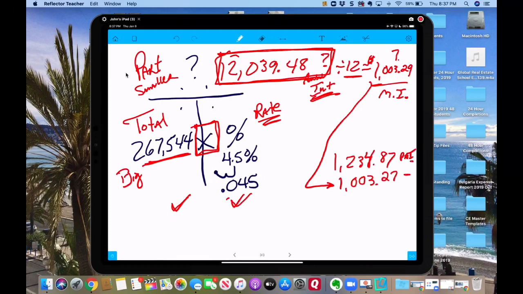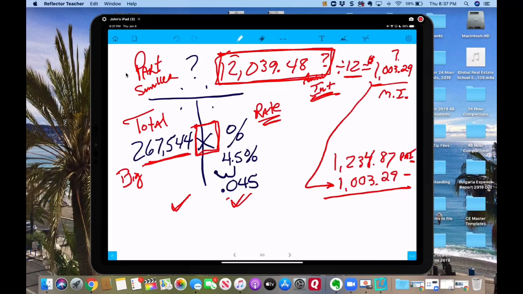Why? Because this is interest. And when we subtract the $1,003.29, so 1234.87 monthly principal and interest are, and remember that, monthly principal and interest.